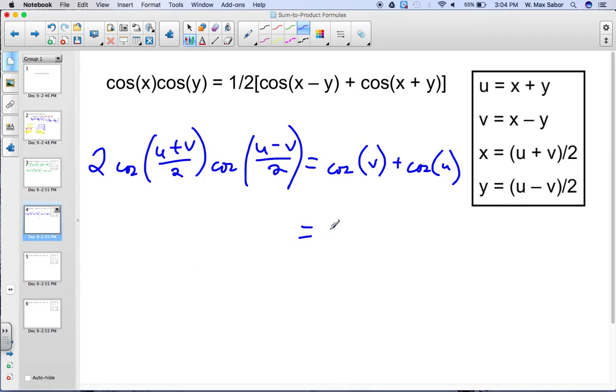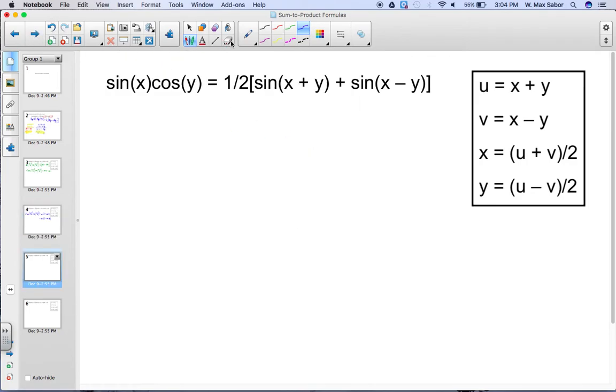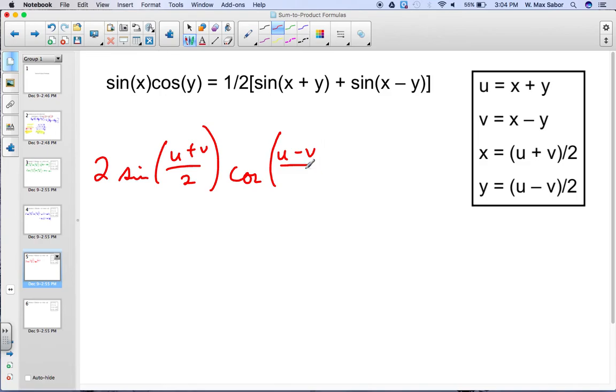So we'll say that this is the same thing as cosine of u plus cosine of v. Multiply by 2 on both sides. We have sine of u plus v over 2 cosine of u minus v over 2 equals sine of x plus y would be u, and plus sine of v.